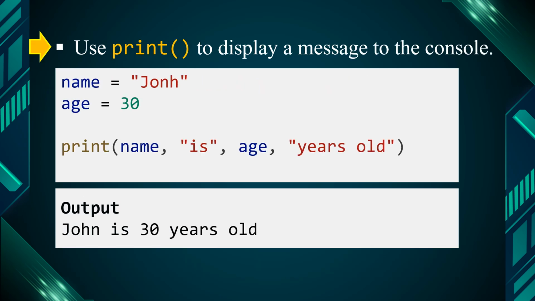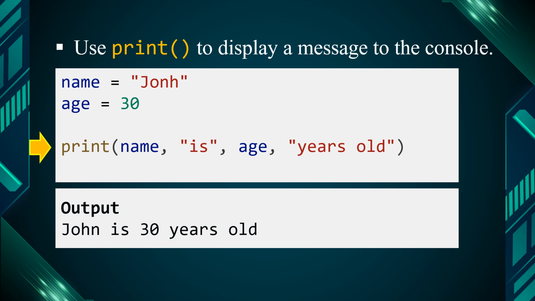Let's look at another example where we use the print function to display text and variables. Line 1, we create a variable named name and assign it the value John, which is a string. Strings are sequences of characters enclosed in quotes, either single or double quotes. Line 2, we create a variable named age and assign it the value 30, which is an integer. Line 3 outputs text and values to the console.